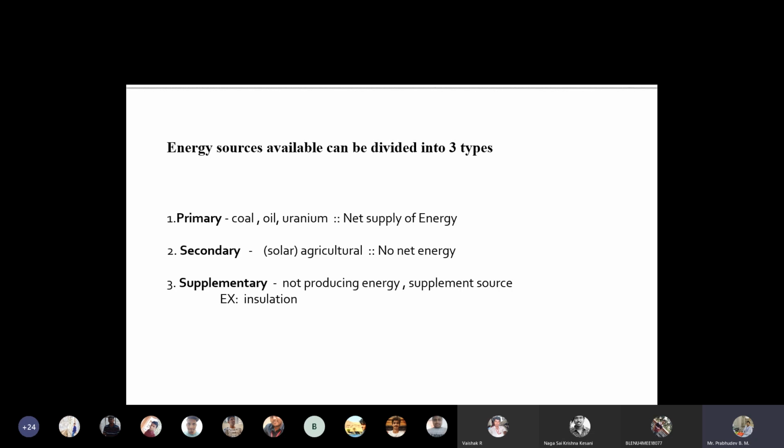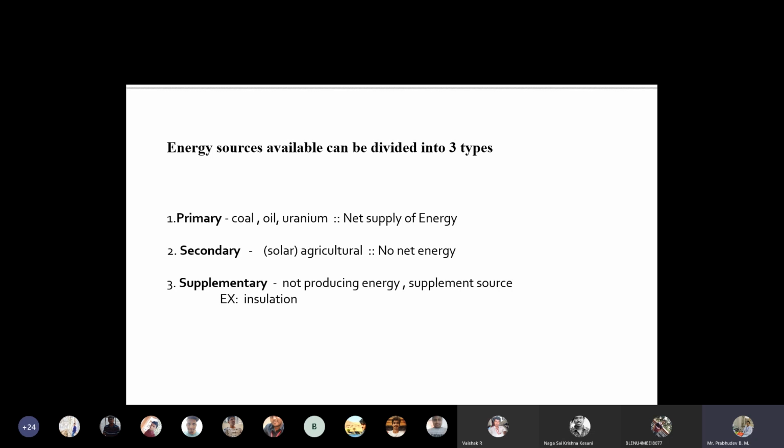That is a secondary source of energy. So the net energy output is very little. We say that there is no net energy, but there is energy. If you burn wheat straw or paddy straw, you will get some energy. But the effort, or the energy consumed by those products, is very high compared to the output they are going to give.